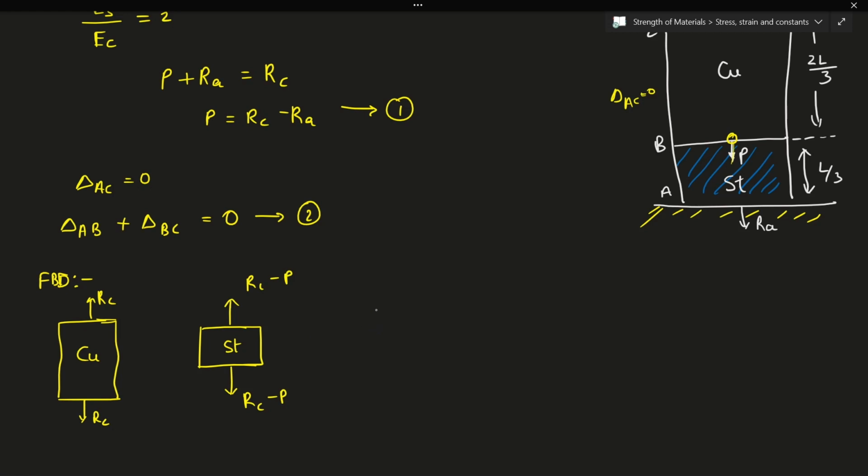Now we can write down the individual delta equations for copper as well as for steel.